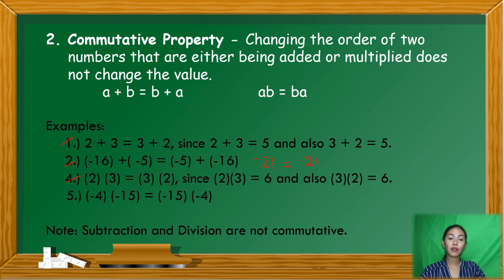Negative 4 times negative 15 is equal to 60, which is also equal to negative 15 times negative 4, which is 60. We will bear in mind that the commutative property is not applicable for subtraction and division. This is only for addition and multiplication.